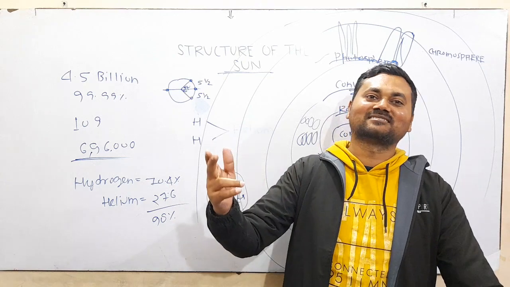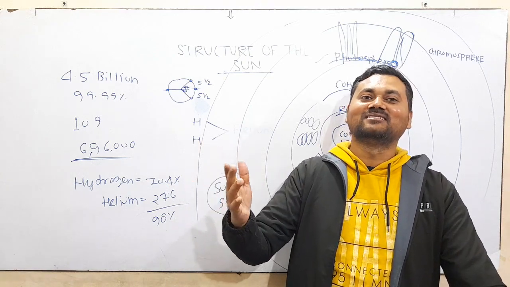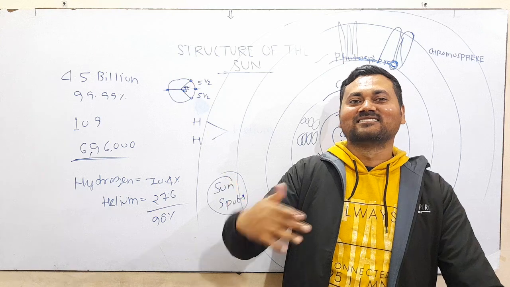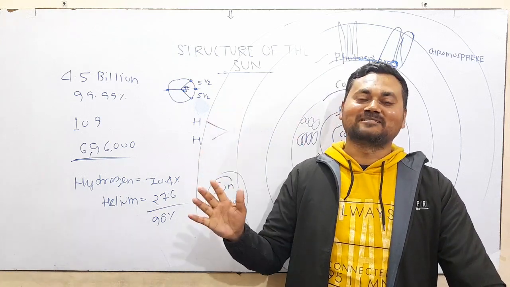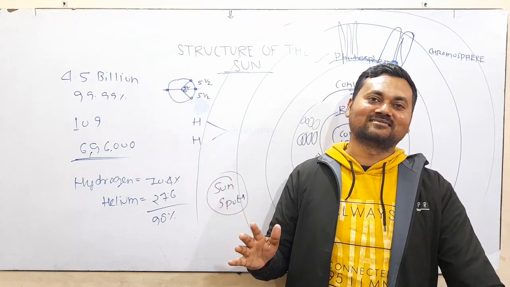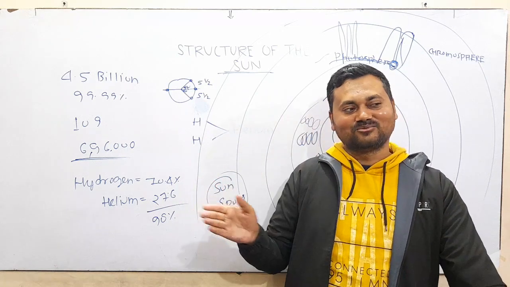So if anyone has 2 years of life on the sun, he will be alive for 50 crore years.